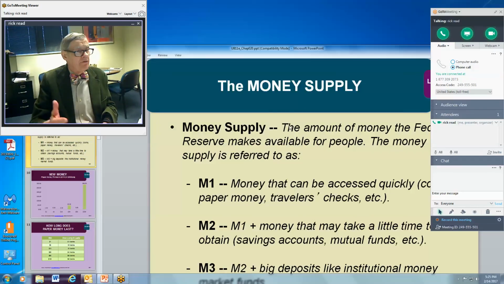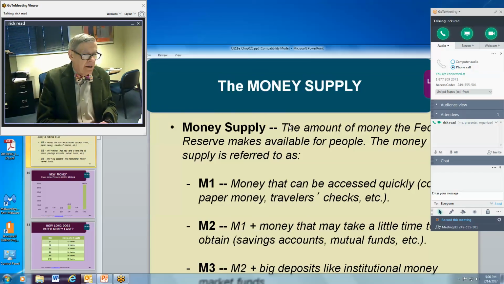M2 money is M1 money plus savings accounts, mutual funds, and things of that nature. And then M3 is everything that's in M2 plus big deposits from institutions and money like money market funds. I'm not going to talk about that.